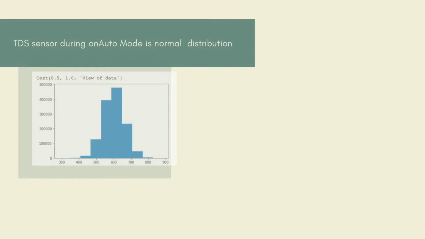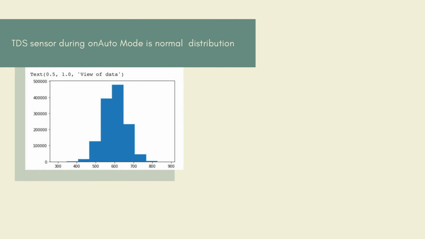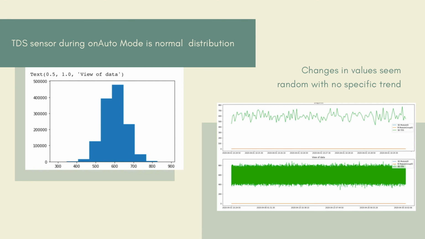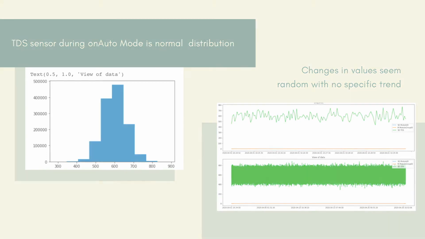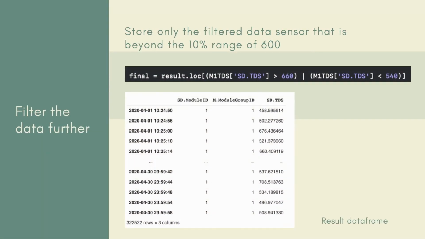As you can see, the TDS sensor data during the on-auto mode has a normal distribution, and changes seem random with no specific trend. Of course, in real sensors, values may not be this way. We then create another data frame to store only the filtered sensor data that is beyond the 10% range of 600, which is the parameter set.